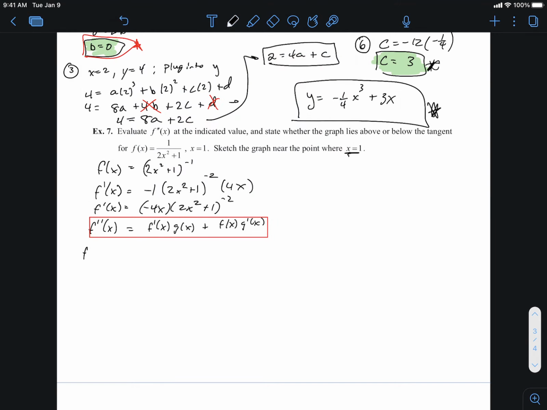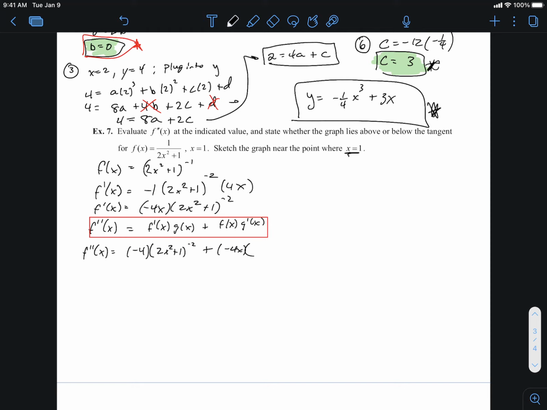So let's do that. f double prime of x is going to equal the derivative of the first piece, f of x. Well, that's going to be negative 4 times the original (2x squared plus 1) to the negative 2. And I have to add the original f of x function, negative 4x. And then I have to derive g of x.